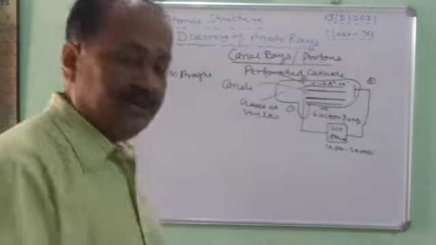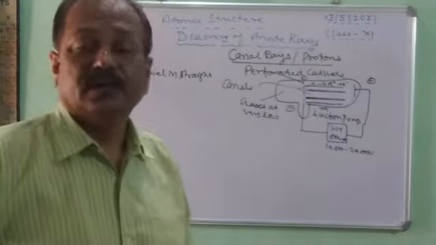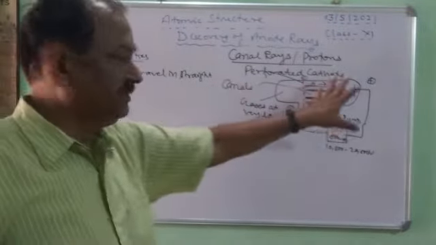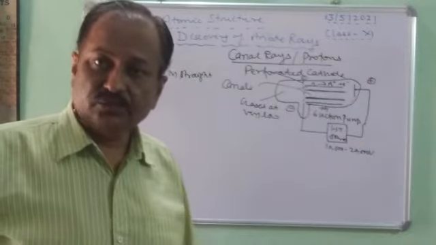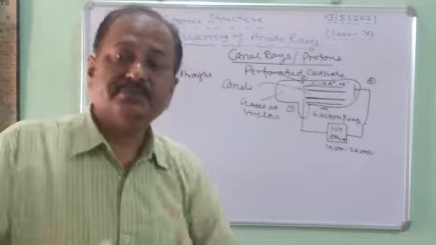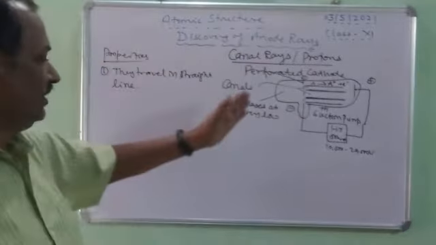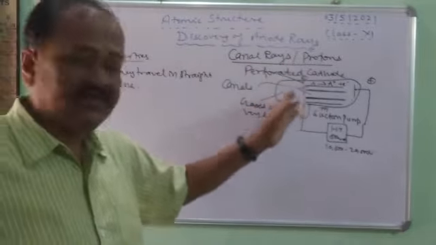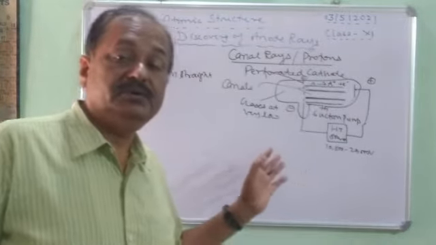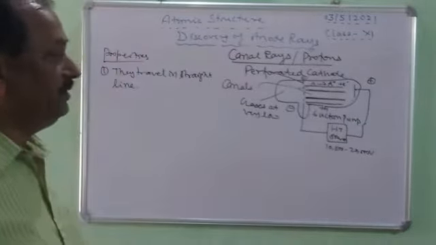It is very close to the cathode rays. Similarly, in some experiment, when we keep any obstacle or any object, then the path will be stopped, or we have a shadow.